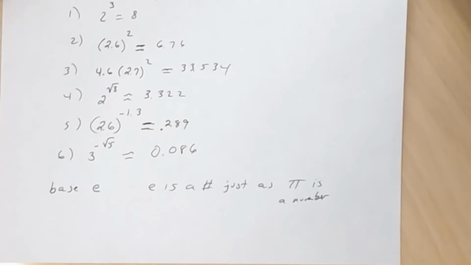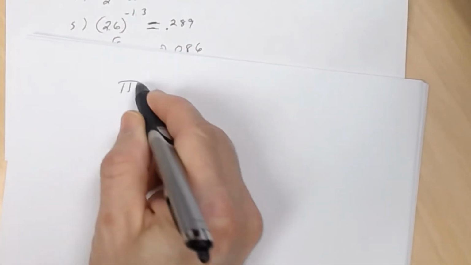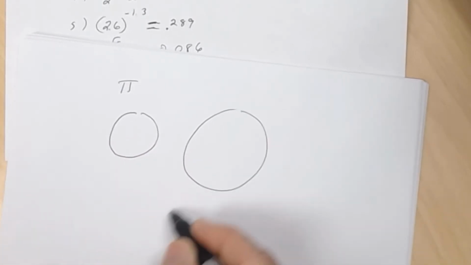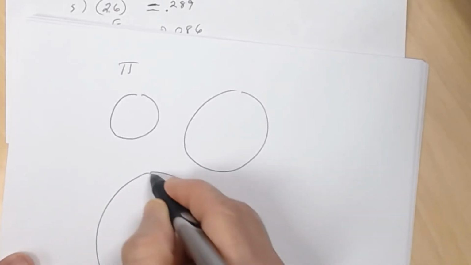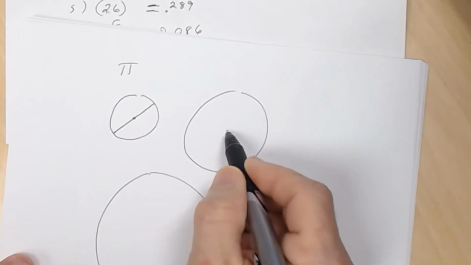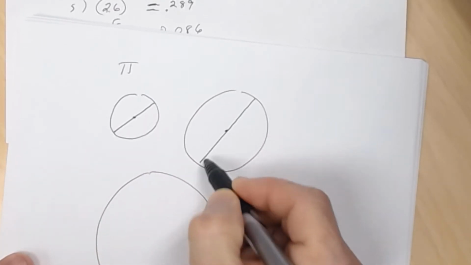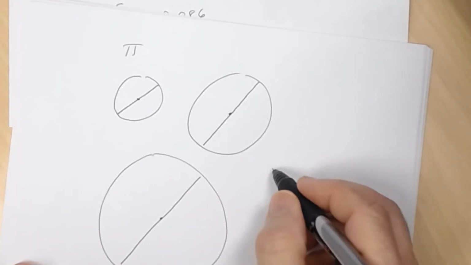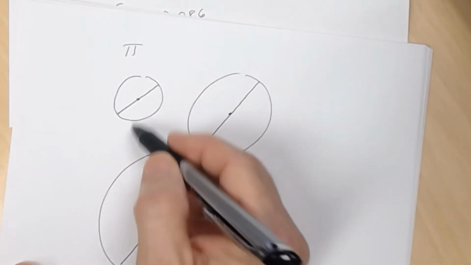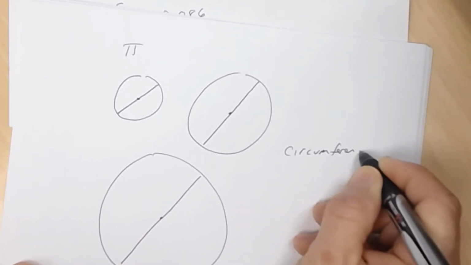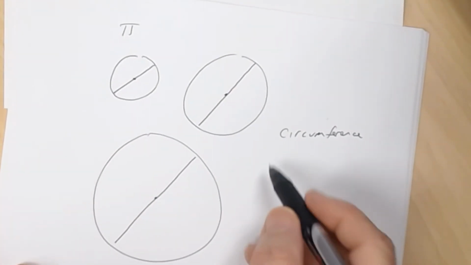If you look at a circle, any size circle in geometry, and you look at the diameter, remember the diameter is a segment that goes through the center, and there's an infinite number of those. No matter what size you look at, if you look at the circumference of each of those circles, remember circumference is the distance around the circle.